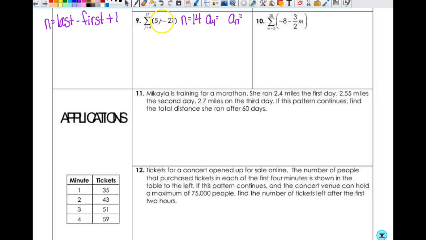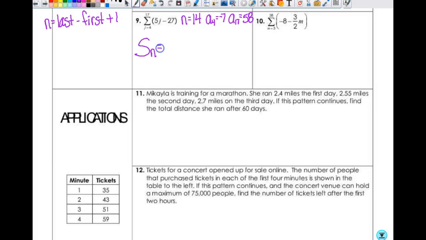So 5 times 4 is 20 minus 27 is negative 7. 17 times 5 is, let's see, that's 85 minus 27. What's 58? Yeah. 58. Okay.